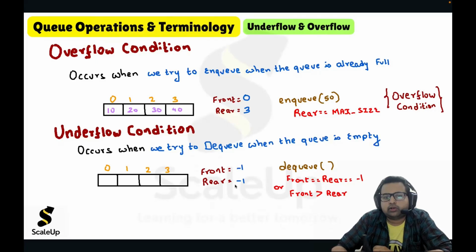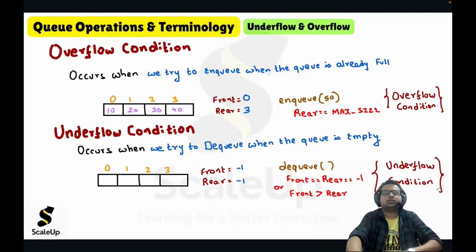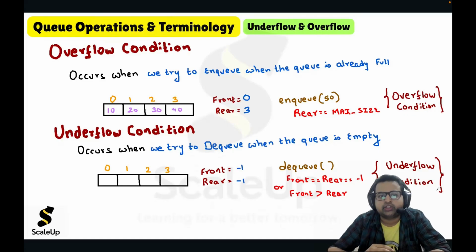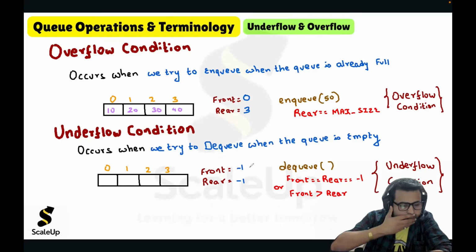And if you perform a DQ operation when the queue is already empty, it will lead to underflow condition. So this is the overflow and underflow condition in queue.